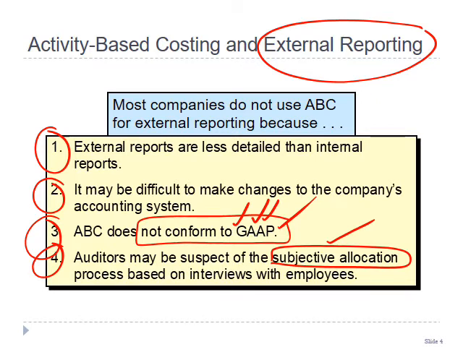For example, the order cost 60% belongs to customers and 20% belongs to organization sustaining activity. But an auditor may think that for organization sustaining activities it is 60%, not 20%, right? That's why auditors don't like this kind of subjectiveness.